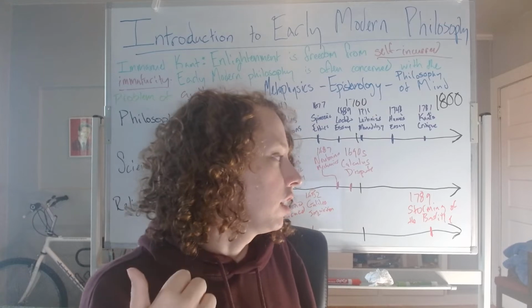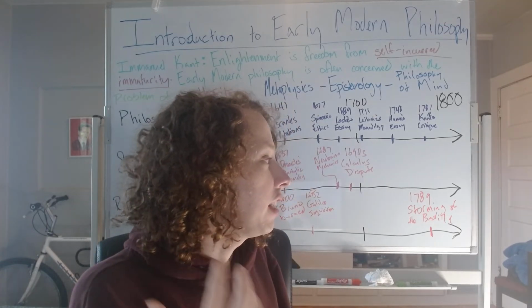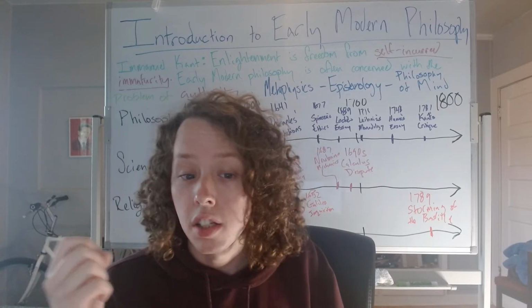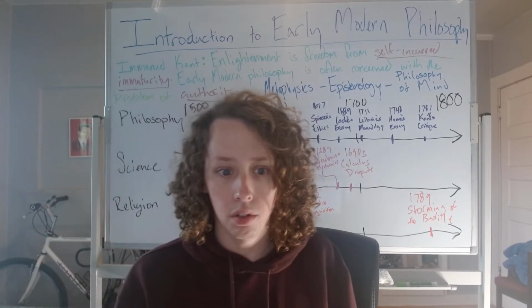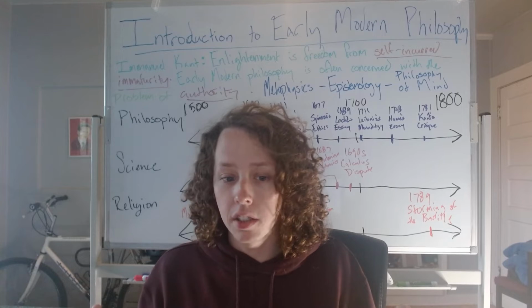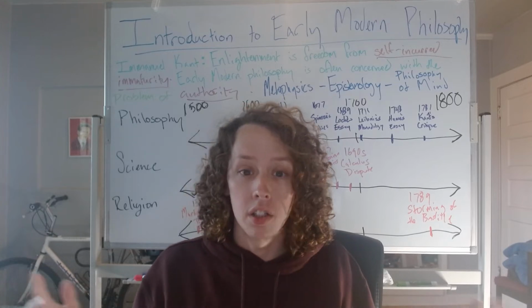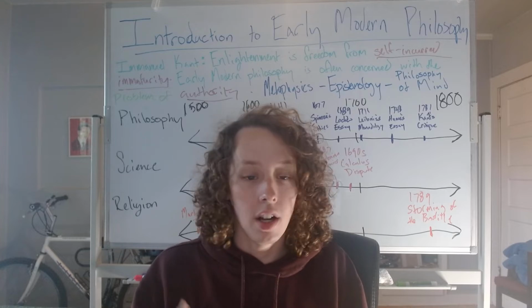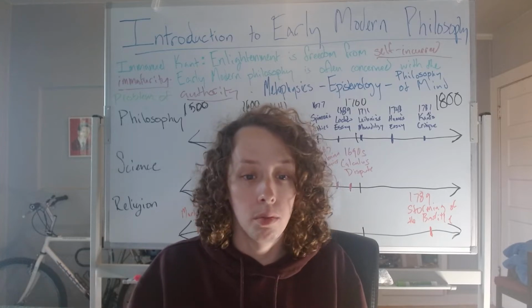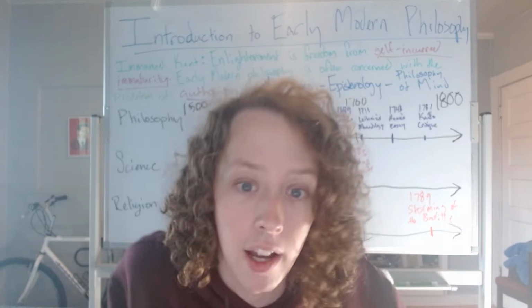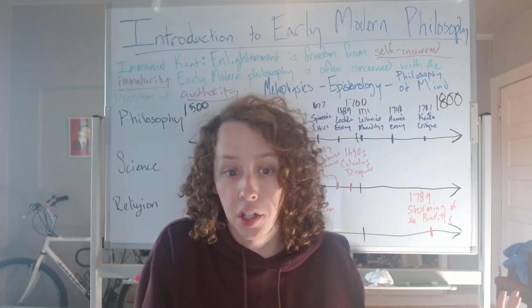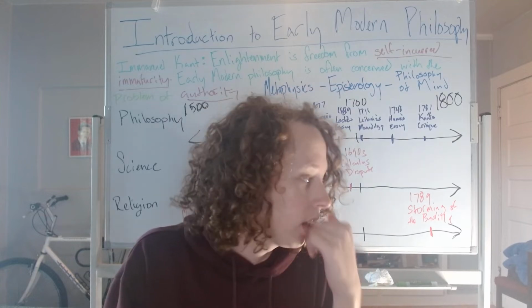Well, Kant describes immaturity as the condition under which you have to depend on others to make decisions for you, right? And here we can see the easy analog with childhood, right? Children are not in the position to make decisions for themselves, and so we entrust them to some sort of authority figure, right?